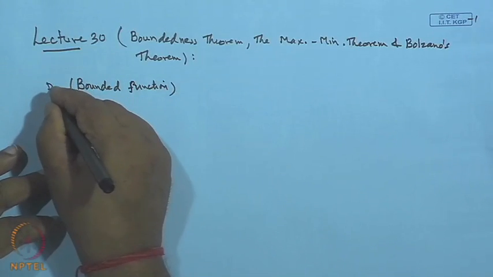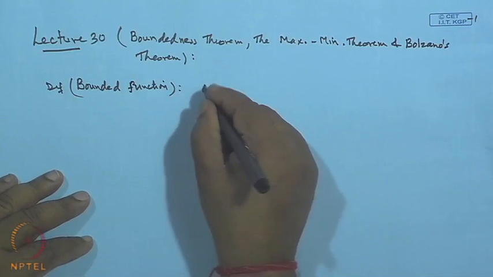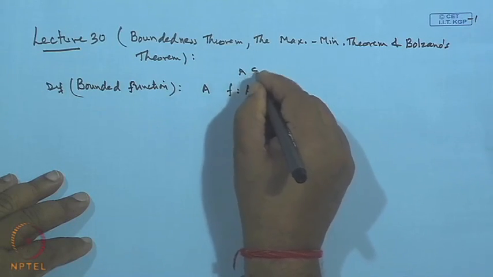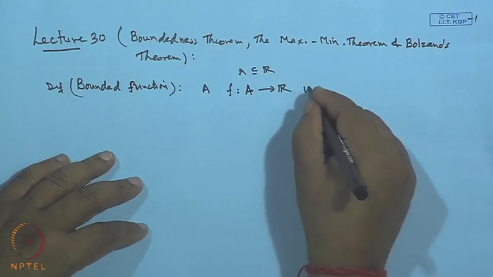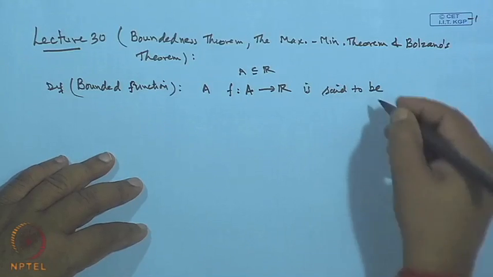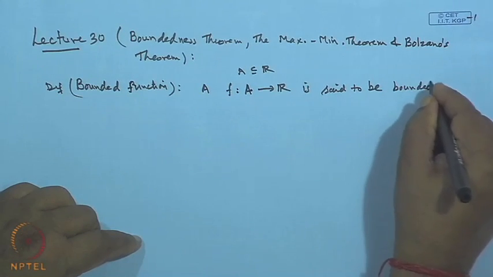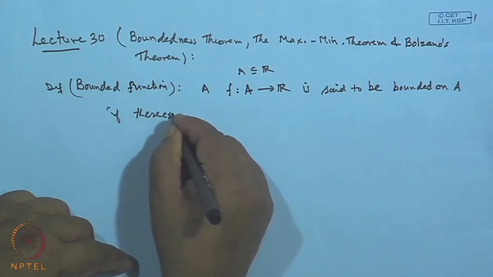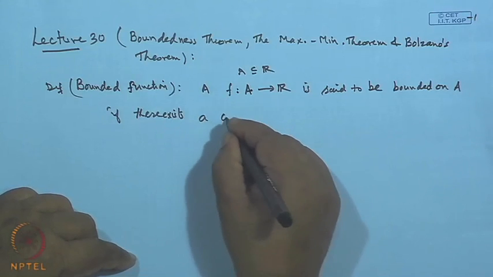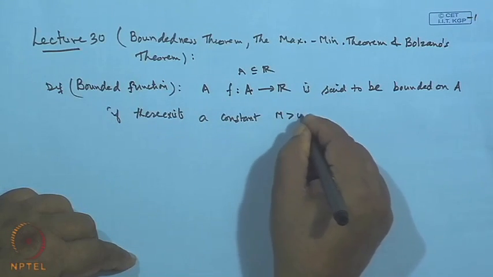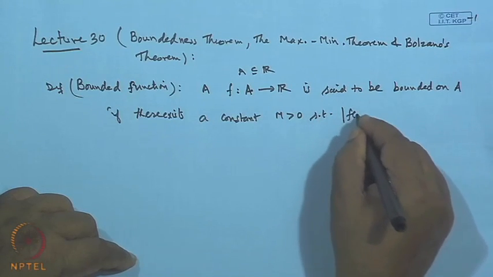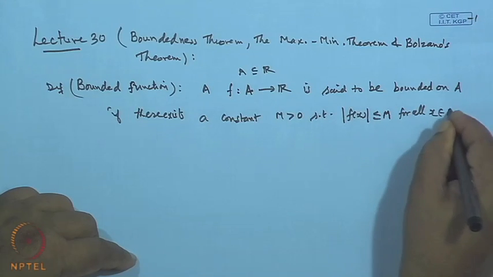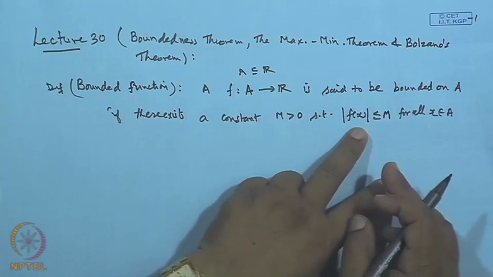We define it like this: a function f from a set A to R, where A is a non-empty subset of R, is said to be bounded on A if there exists a constant m greater than 0, such that the mod of f(x) is less than or equal to m for all x belonging to A. It means a function is said to be bounded if the corresponding range set is a bounded set.